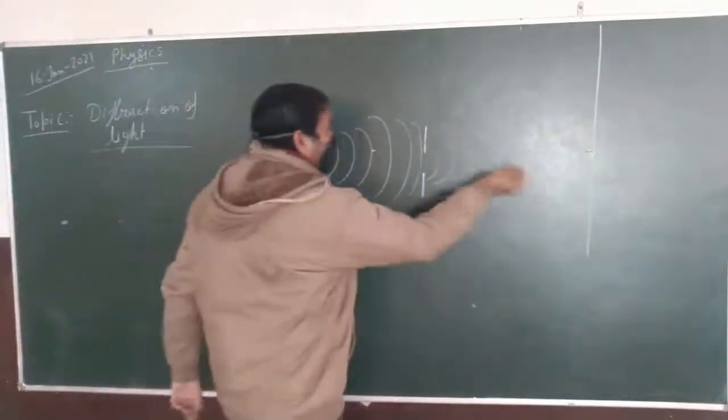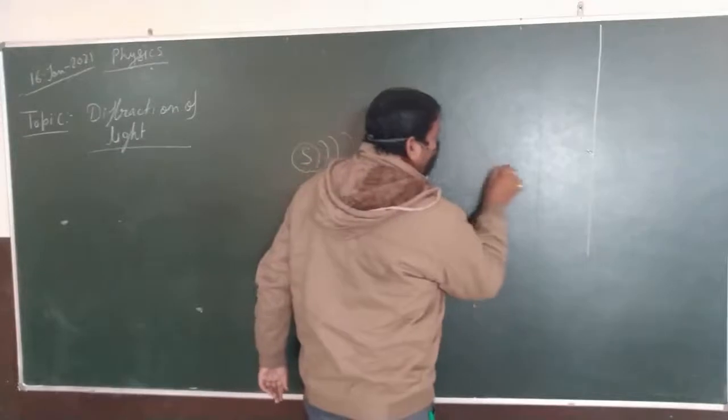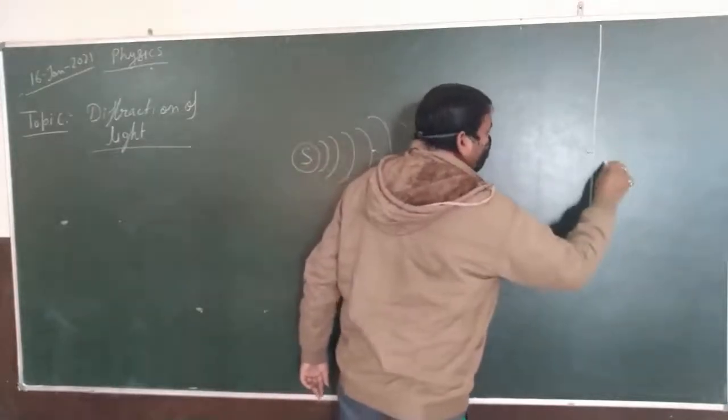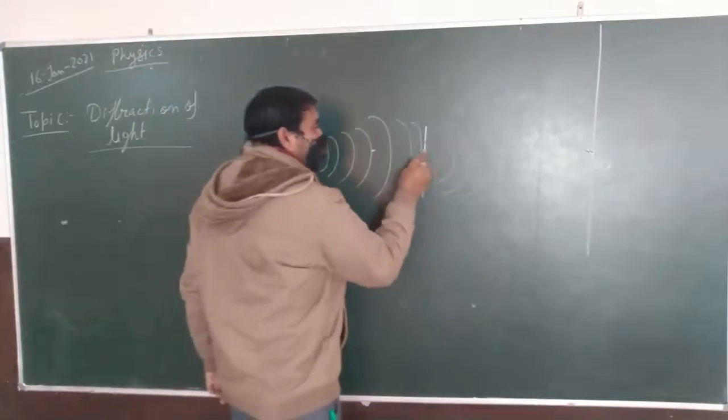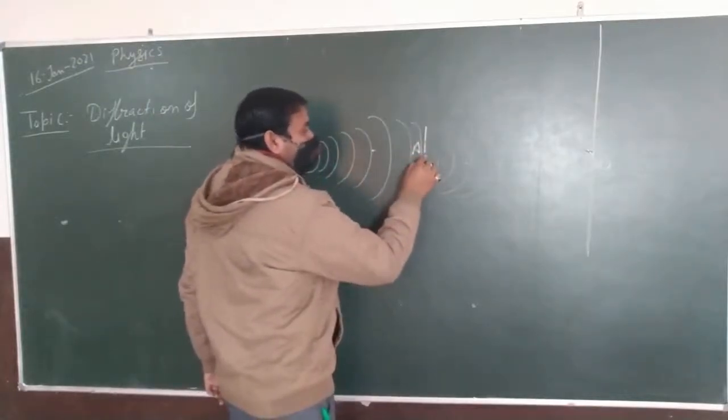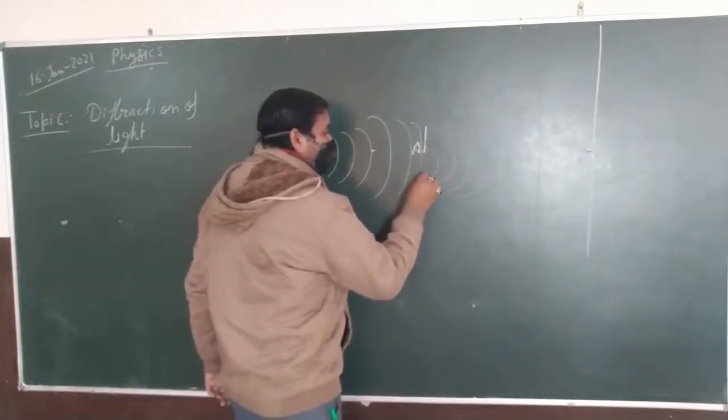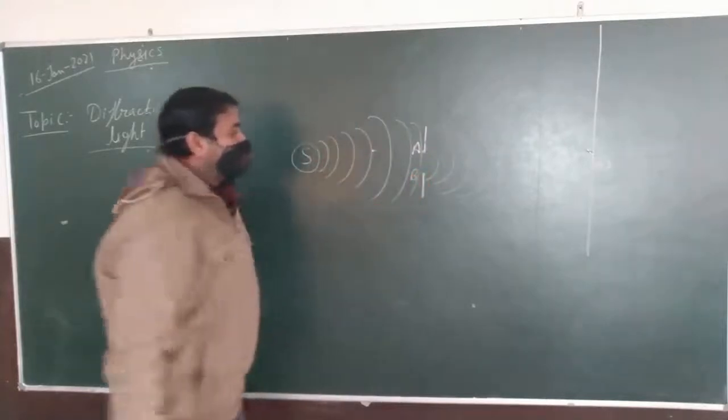Therefore, suppose this is the center of the screen, let's say O, and this is point A and this is point B here.